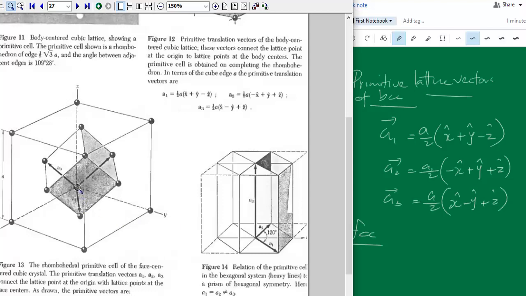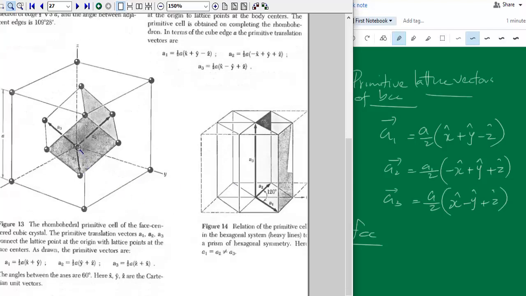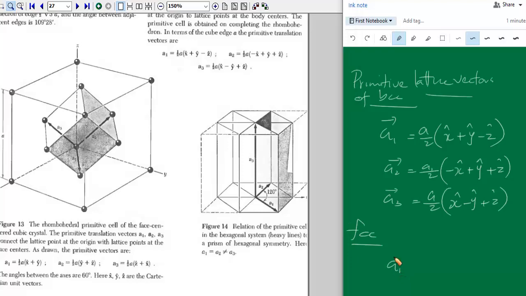So what is a1? If this is the origin, the side of the FCC cell is a. Therefore, the vector from the origin to the face center is a1 equals a by 2 times (x plus y).